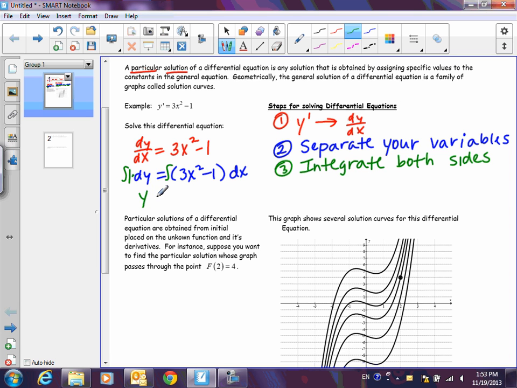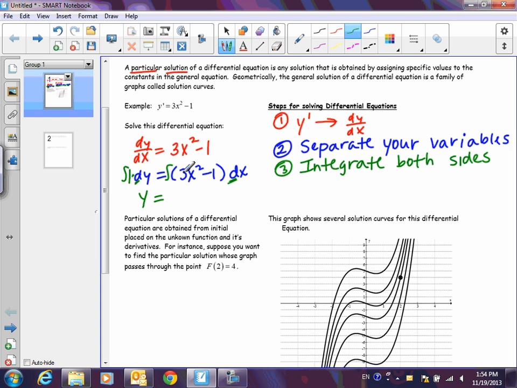We just get y. Good. The right side, we're going to have to do a little bit more work. I just want to reiterate this over and over: we can only integrate when we have these d's next to it. If those aren't there, we're missing part of our integration. We messed up, in other words.